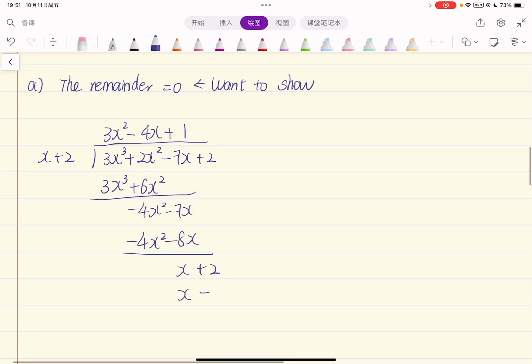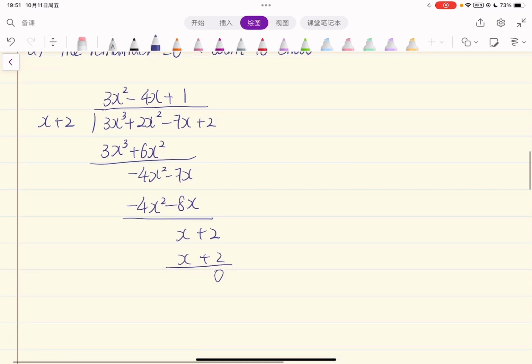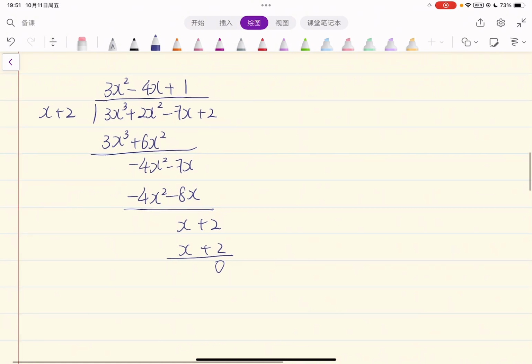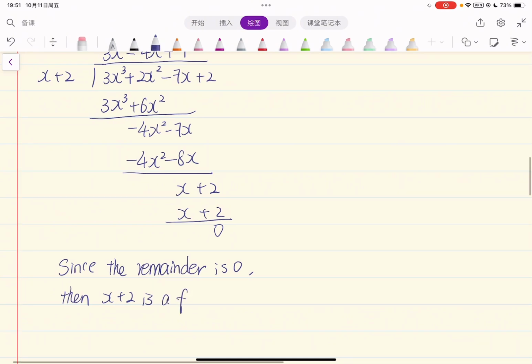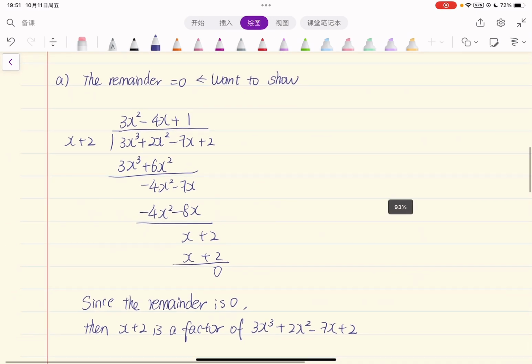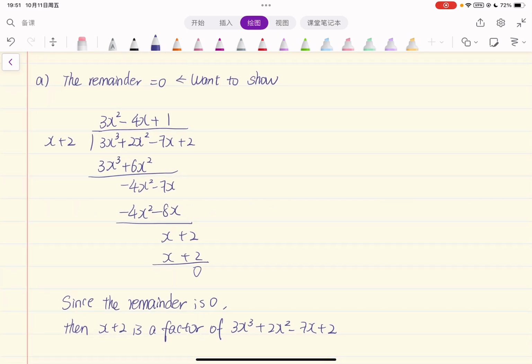We have shown that the remainder is 0. Since the remainder is 0, x plus 2 is a factor of 3x cubed plus 2x squared minus 7x plus 2. Here we use the algebraic division.